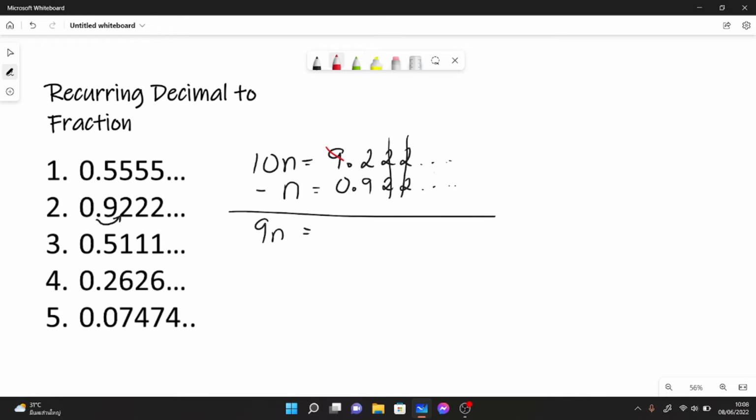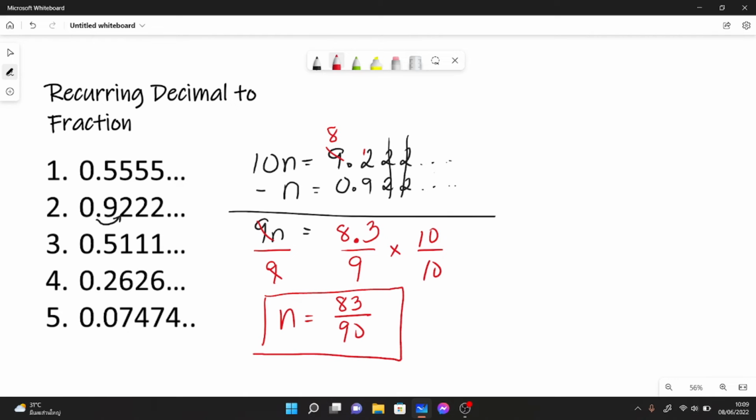So 9.2 minus 0.9 is 8.3. So 8.3 over 9. So n, multiply it by 10 over 10, so that we can have a whole number for 8.3, or we can remove the decimal point by multiplying by 10. So 83 over 90. Okay, and that is our answer.